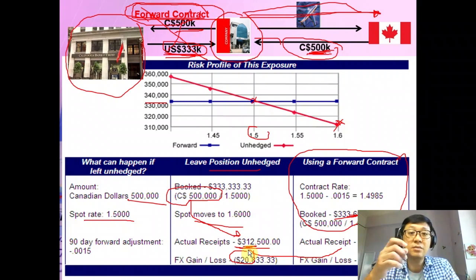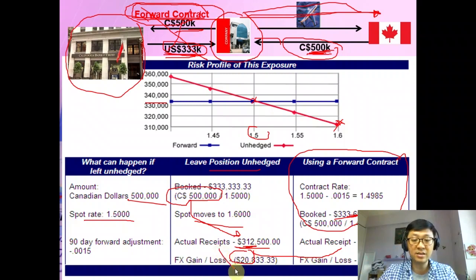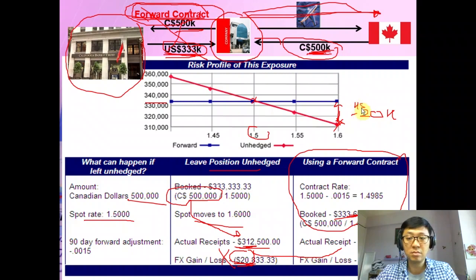Simply because of the lousier exchange rate I'm getting after 90 days. So this is where we are coming from, to guard against potential loss, right? If the exchange rate goes bad, I can stand to lose 20k US dollars.